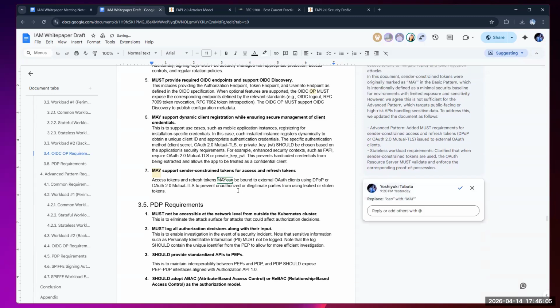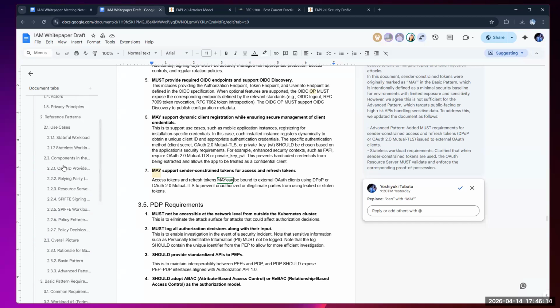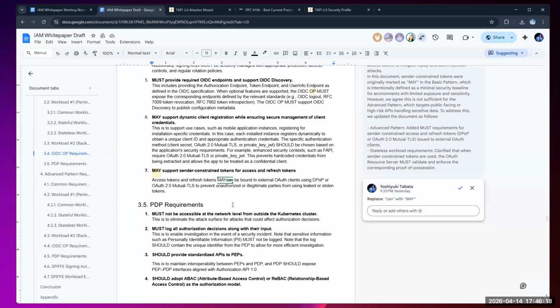And yeah, this change from can to may, I think this follows the rule of the expression. So I think this should be changed. What do you think, Hiroyuki? Yeah, it's okay. How about Satarupa? Yeah, it's okay.